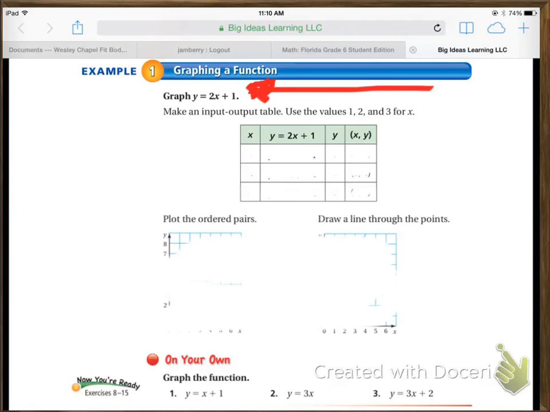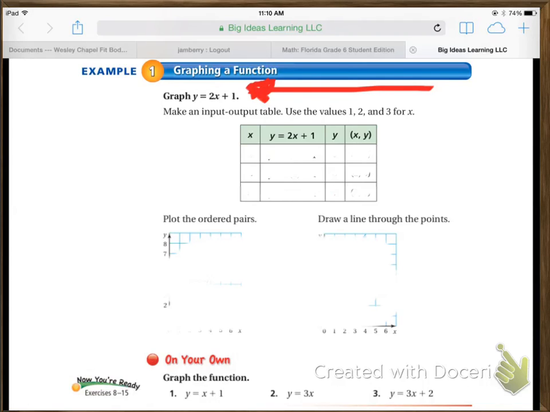You have your input column here. You have your function rule here that you're going to substitute and solve for. Once you substitute and solve, you have your output column, and then of course here you have your ordered pair column, your x's and your y's, which you can now go and graph.